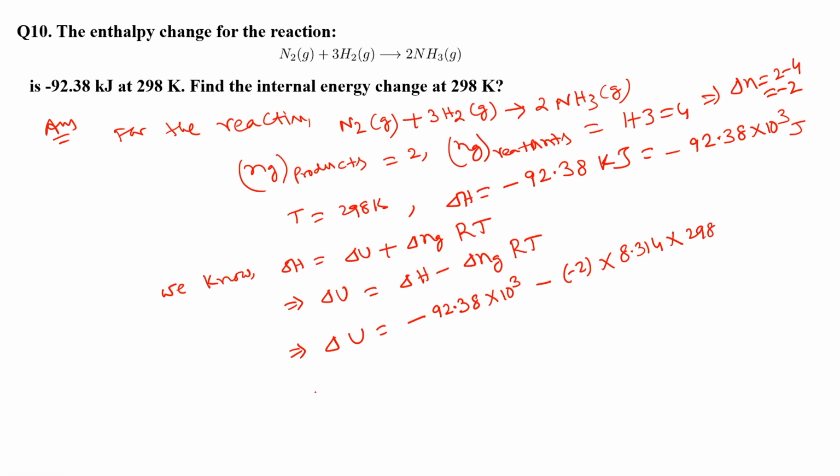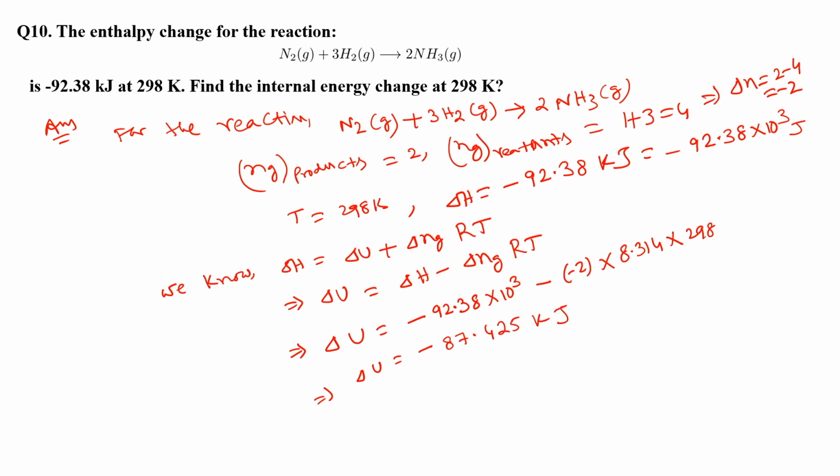If we carry this out further, the actual value of delta U is minus 87.425 kilojoules.